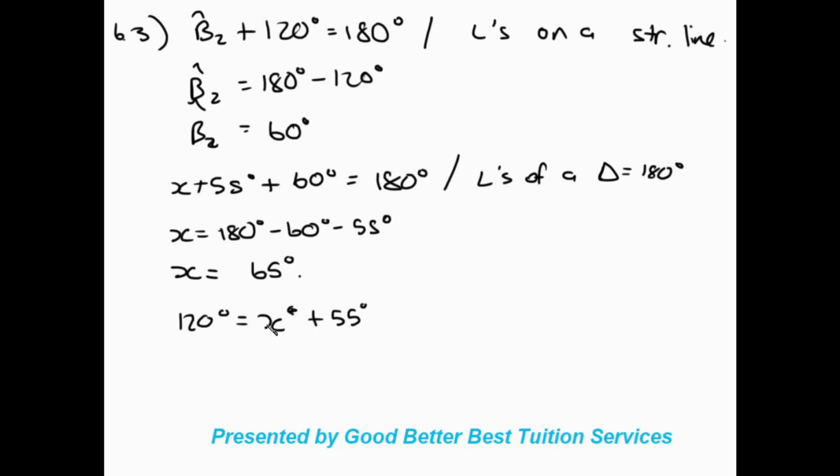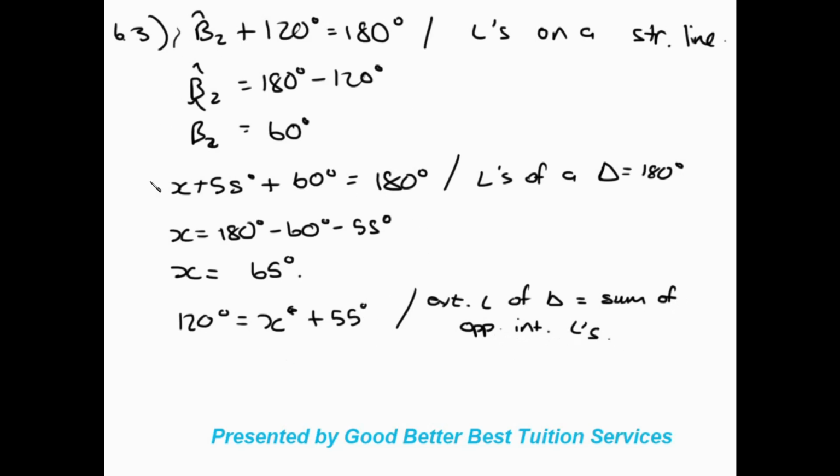So the exterior angle of the triangle is equal to the sum of the opposite interior angles. So we write that reason out: exterior angle of triangle is equal to the sum of opposite interior angles. So I'm just showing you guys another way that you could have worked it out.